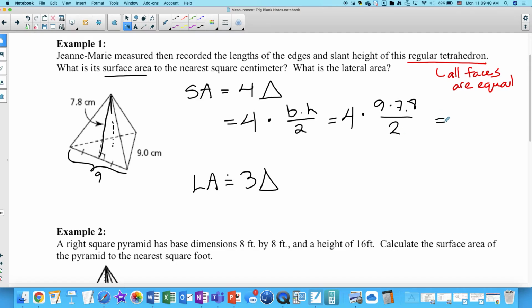And I don't know what that is. To the nearest square centimeter, 140.4 centimeters squared. Okay, if we want to know the lateral area, we would just do 3 of these. So it's going to be 3 times 9 times 7.8 over 2.